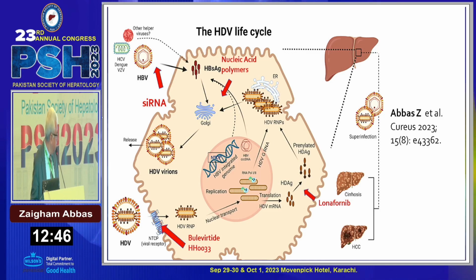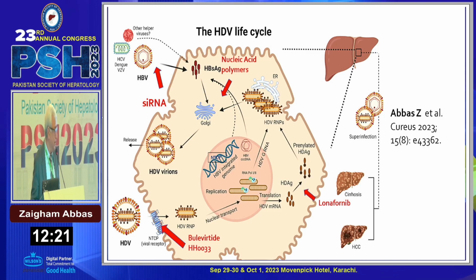So if we prevent the covering of these particles by surface antigen, then we can perhaps prevent the proliferation of the virus. The drug which is being tried is nucleic acid polymer. From the Golgi apparatus, the HDV particles are released, but surface antigen is required for these particles.